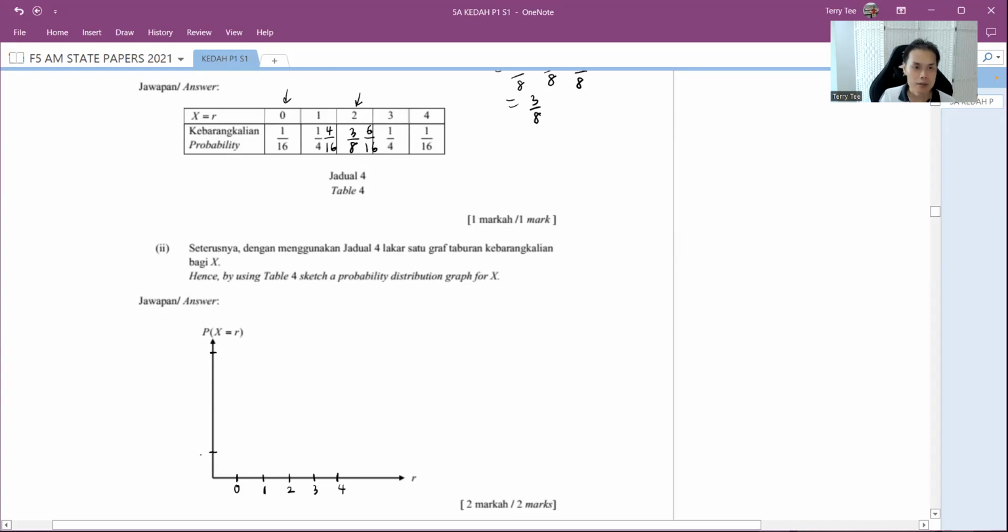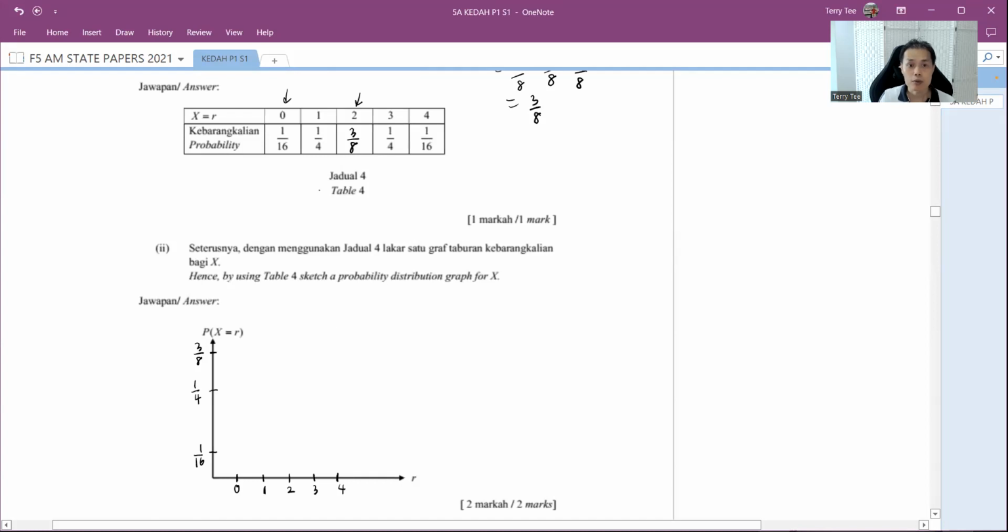This is about 1, so this will be 1/16. This will be 3/8. It's okay to write 3/8 and not 6/16, because it's a sketch and we're not drawing on graph paper, so we don't have to draw accurately. And 1/4 is 4/16, so it's around here, 4 times longer. After all, we only need to draw 3 bars.